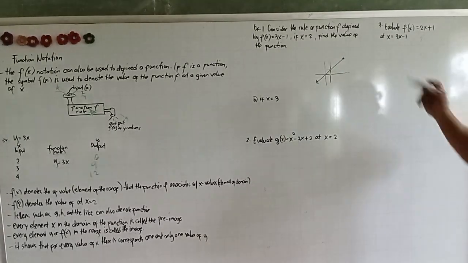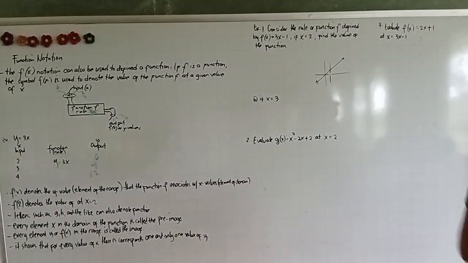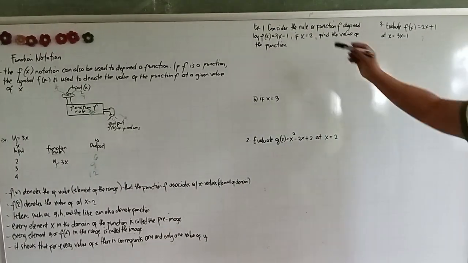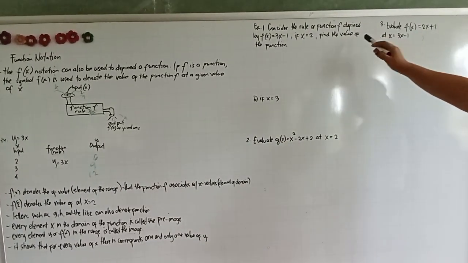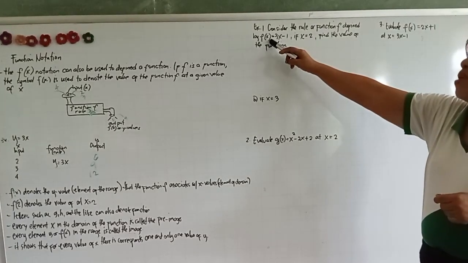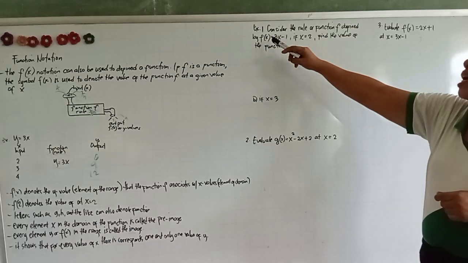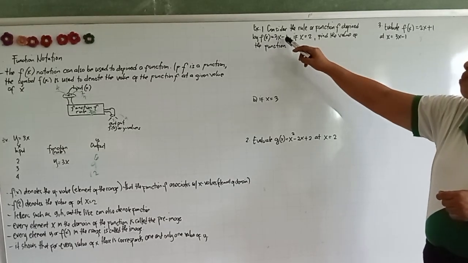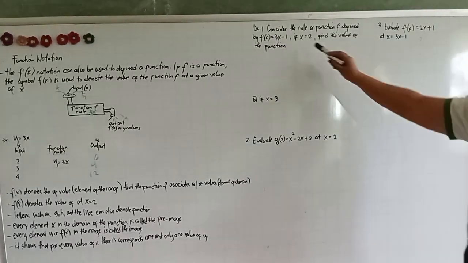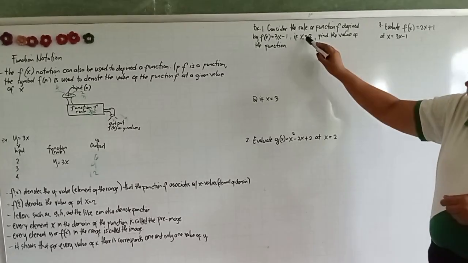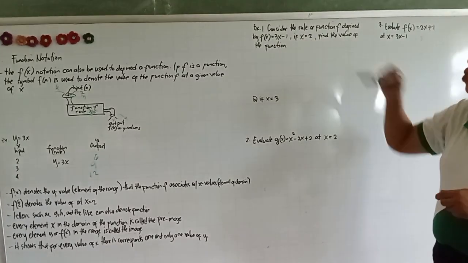Example. Consider the rule or function f defined by f of x equals 3x minus 1. This is not multiplication. The reading is f of x equals 3x minus 1. So if our input is 2, this x will be replaced with 2.